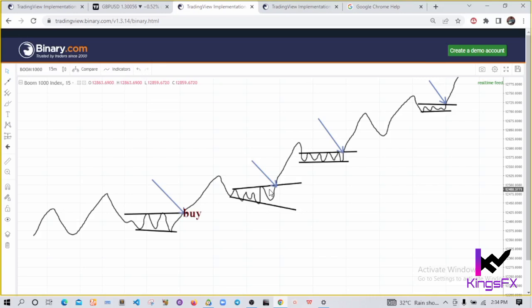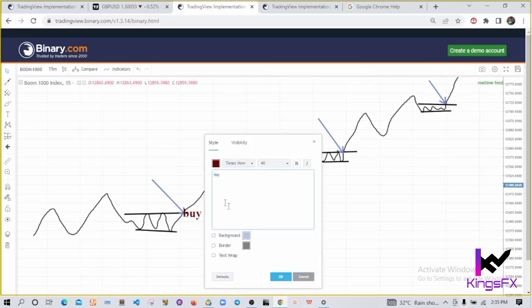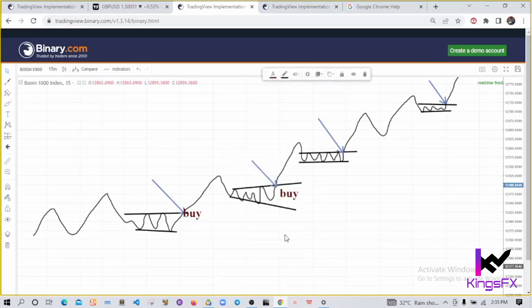You are not looking for a breakout downward. Once it breaks out downward, we are not trading. We are looking for a breakout upward, because we have already seen that it's an uptrend, so we are looking only for buying opportunities. So at this point, after the ranging, the price breaks above. All we need to do again is come to this point and buy.